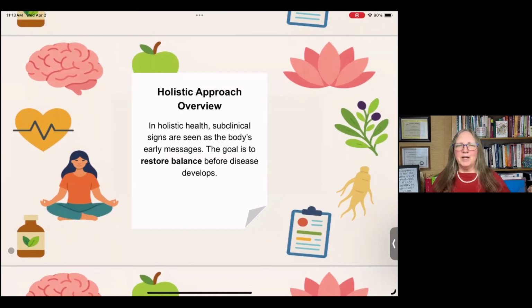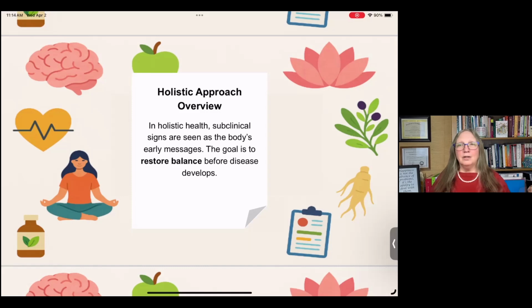So a little information about our holistic approach. We don't ignore these signs, these little pieces of information, we listen to them. Holistic care takes cues seriously, and we create a personalized plan to support you because everybody's different. In holistic health, subclinical signs are seen as our little early messengers to tell us, hey, something's wrong.